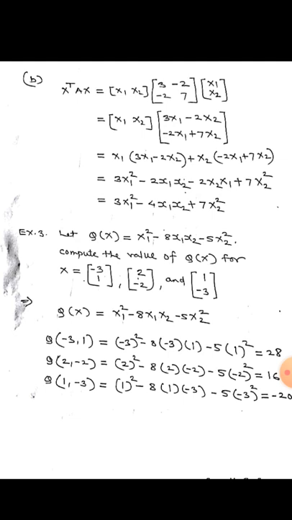For the last vector 1, minus 3, we substitute x1 equal to 1, and in the second place x2 is minus 3: 1 square minus 8 into 1 into minus 3, minus 5 into minus 3 square. Minus 3 square is 9, and 1 square is 1. If we simplify, we get minus 20. So q of minus 3, 1 is 28; q of 2, minus 2 is 16; q of 1, minus 3 is minus 20.